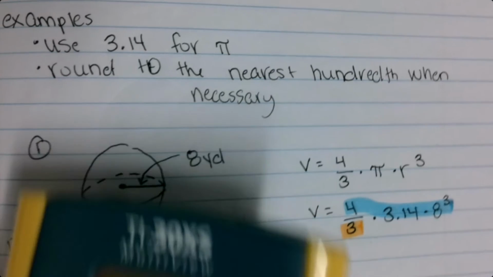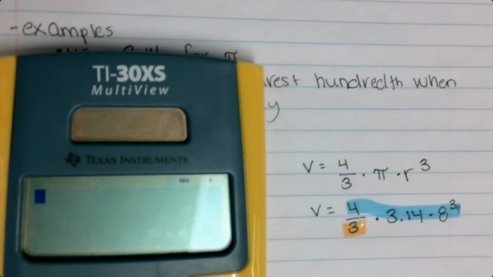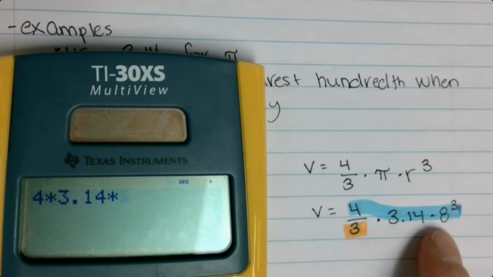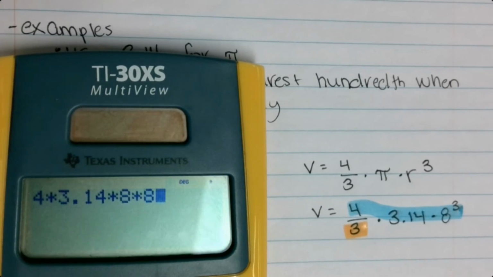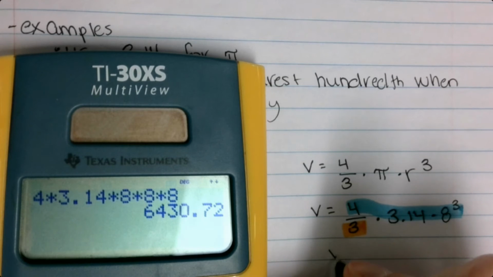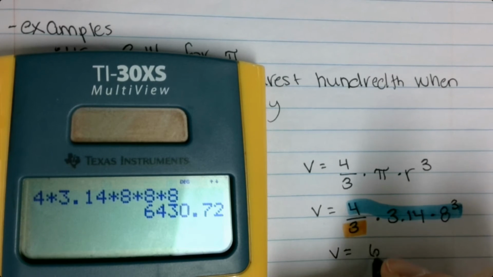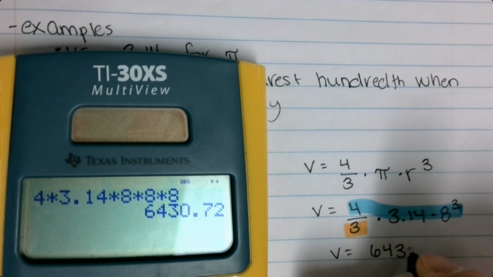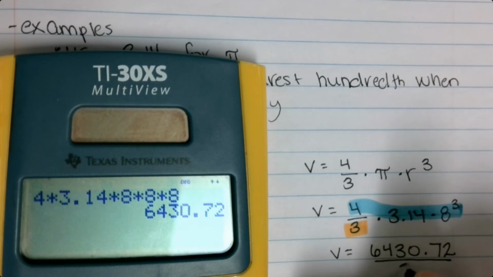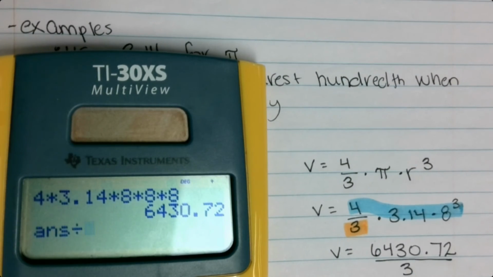So we are going to do 4 times 3.14 times, remember 8 cubed is 8 times 8 times 8. So this would be V as in victory equals 6430.72. And again, we're going to bring down that divided by 3. So I'm just going to do divide by 3.